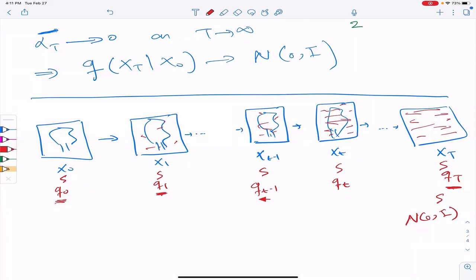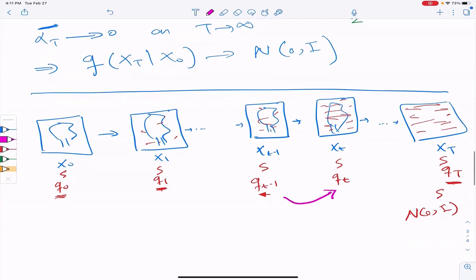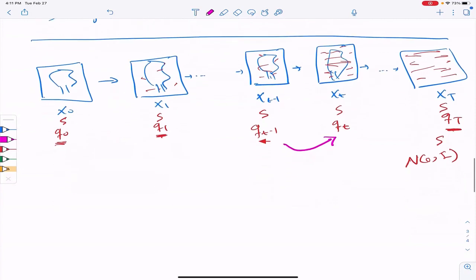So what else do I have? If I don't have q t minus 1, would I be able to get qt? If I have the distribution at time t minus 1, would I be able to get the distribution at time t? Yeah, that's a forward process, right? That's like adding noise to it.